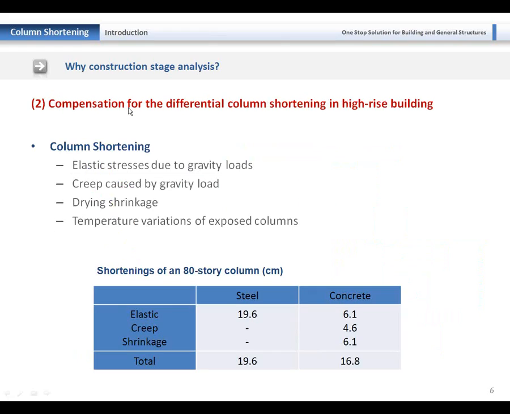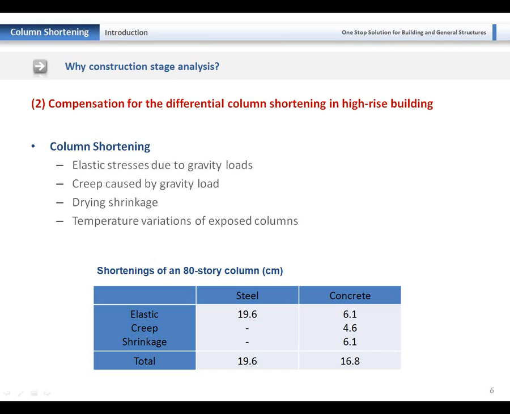The other reason why construction stage analysis is required is compensation for the differential column shortening in high-rise buildings. There are four causes of column shortening: firstly, the elastic stresses due to the gravity load, and creep caused by gravity load, drying shrinkage, and temperature variation.